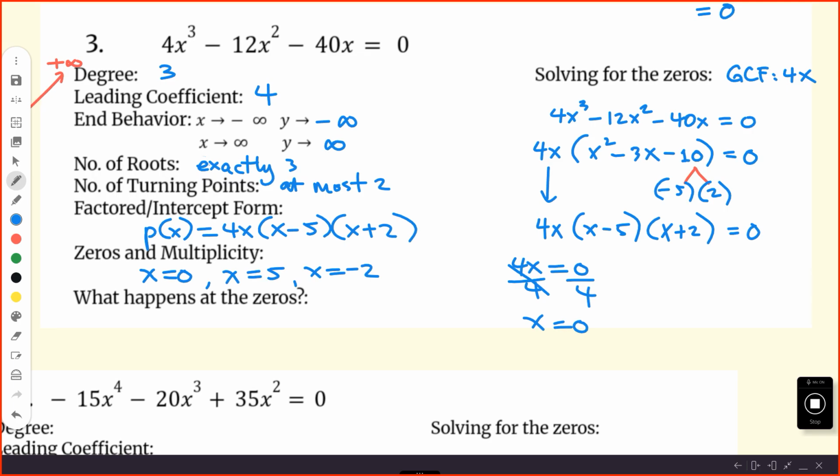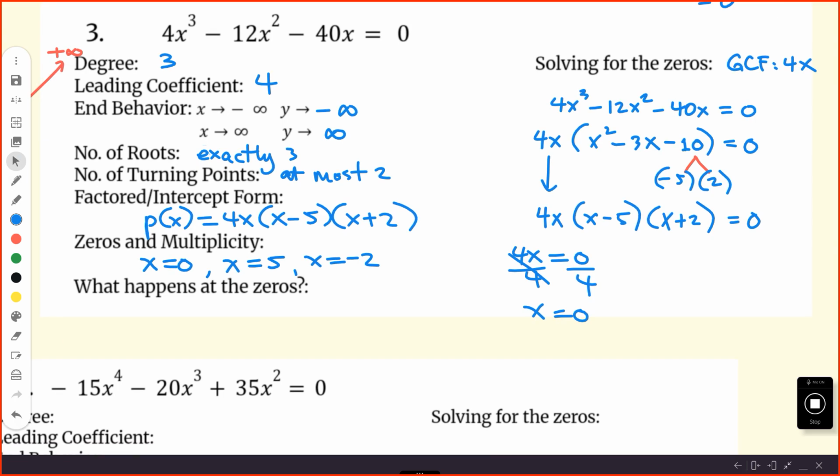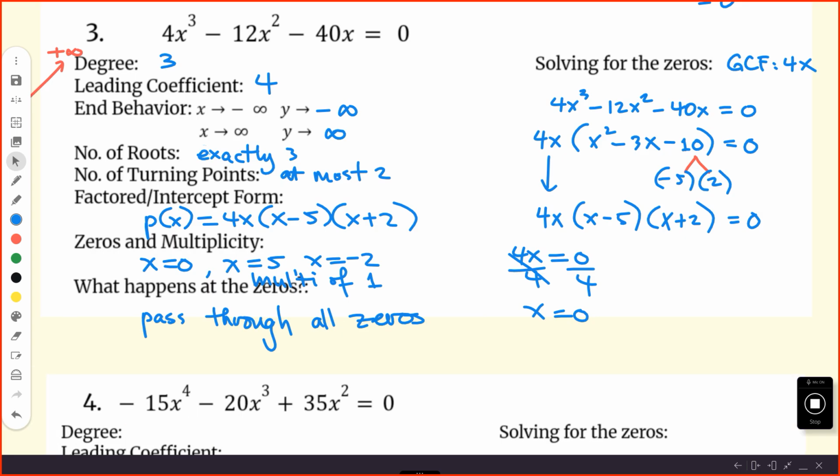So these are your 3 zeros. And again, it's just repeated once. So all of this is multiplicity of 1. And so pass through. Any question?